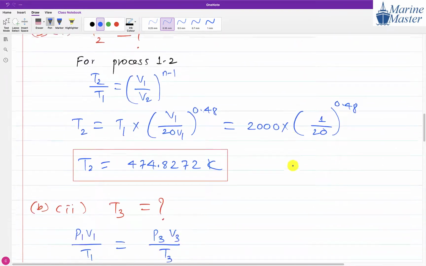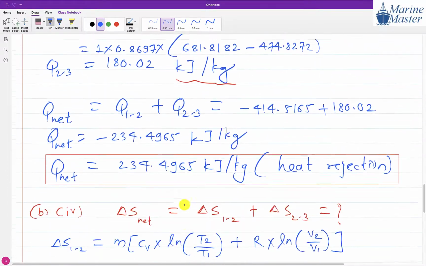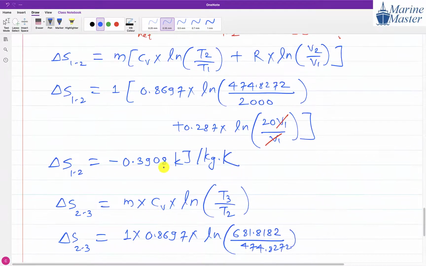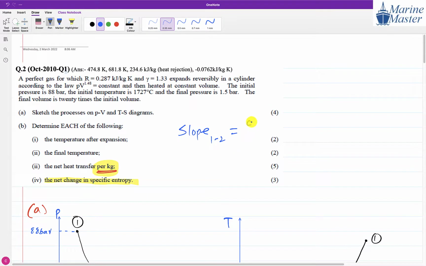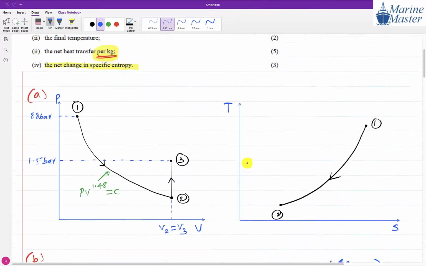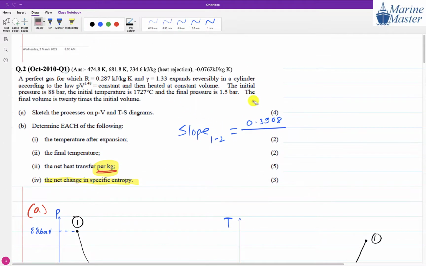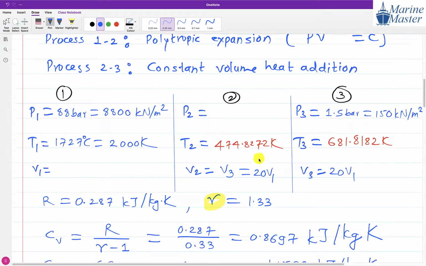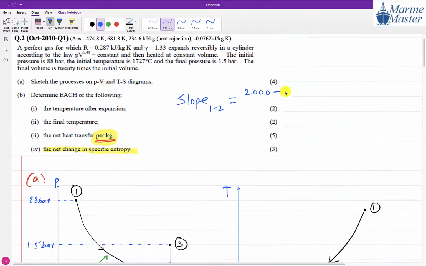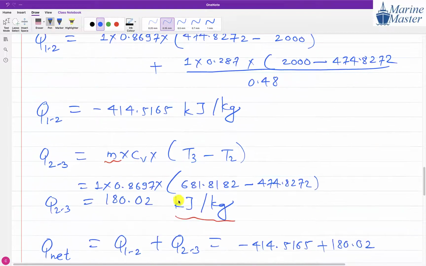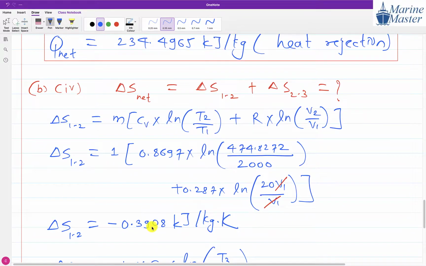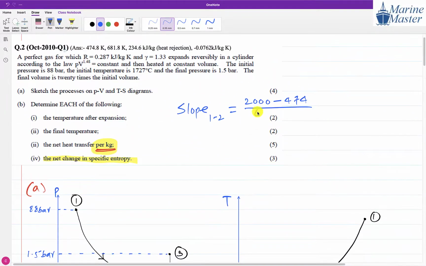How much is delta S 1 to 2? It is minus 0.3907. We will take a directly positive value, 0.3908. And for temperature, we take T2 minus T1, so 2000 minus 474, taking the approximate value, divided by delta S 1 to 2, 0.3908.